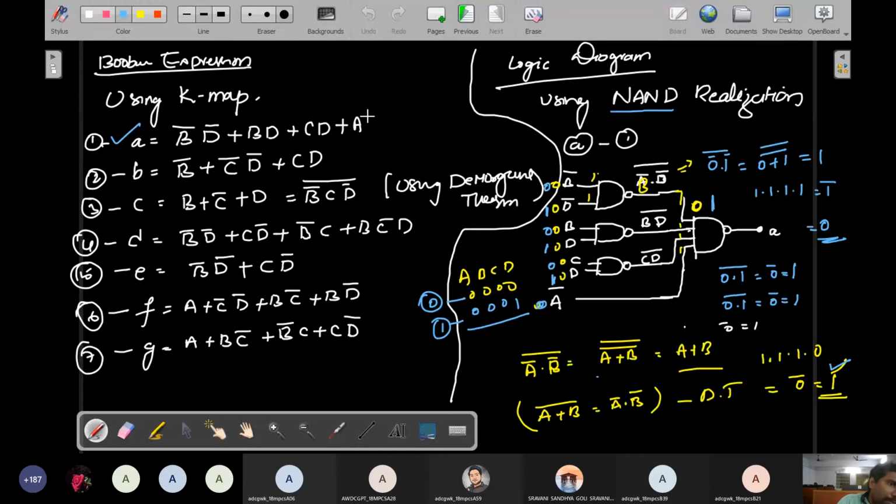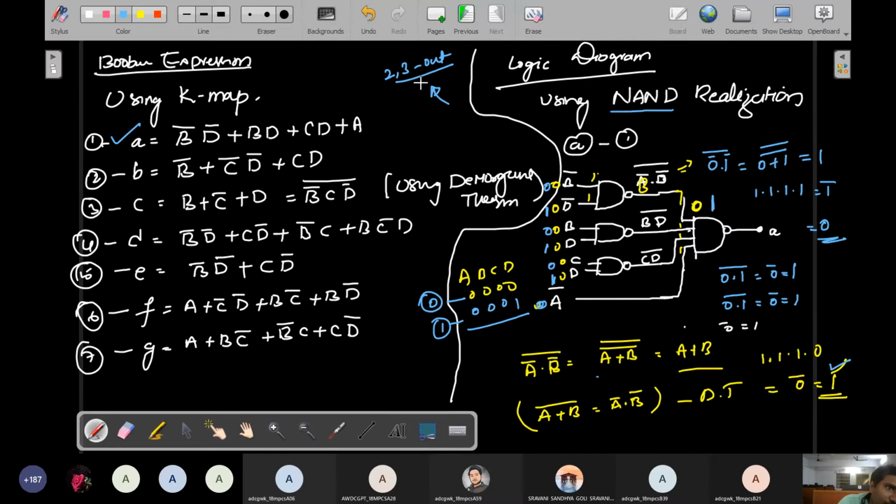Simply remember at least three outputs' Boolean expressions, and simply draw the logic diagram of those three outputs only. No need to write all seven. But here, for understanding purpose, I'll write all the outputs' Boolean expressions, but for exam purposes you will write at least two or three outputs. No need to write all outputs.